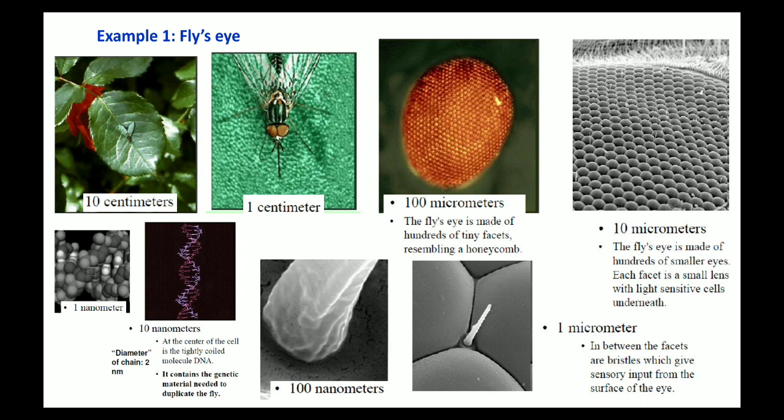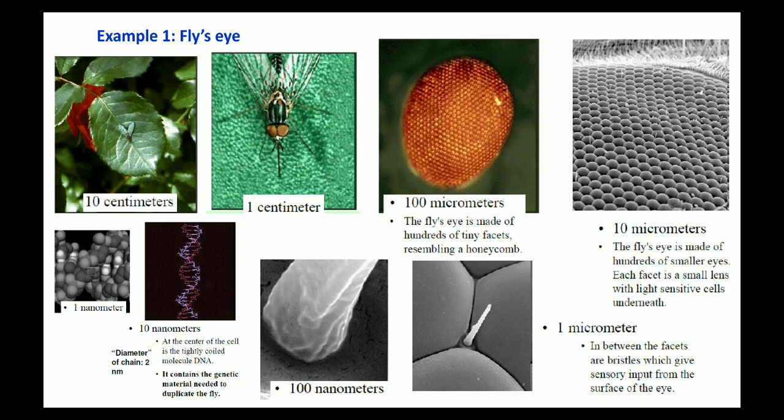But once we zoom in with sophisticated microscopes, we realize that the fly's eye is made up of hundreds of smaller eyes, and each facet is a small lens with light sensitive cells underneath. So each facet works as a small eye.